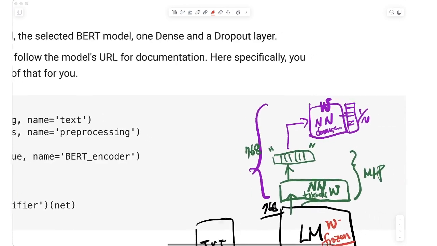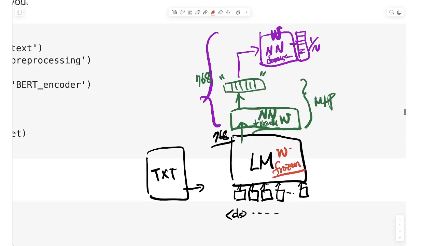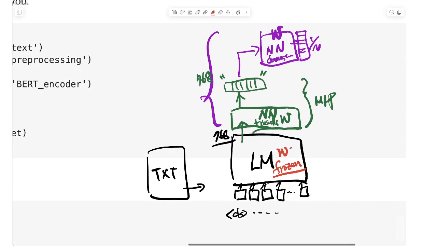But take a look at this one. If you don't do MLM or closed test, if you don't have additional knowledge to train your language model, and you have only one downstream task, the purple one, then you have to train the green part by using the purple structure.